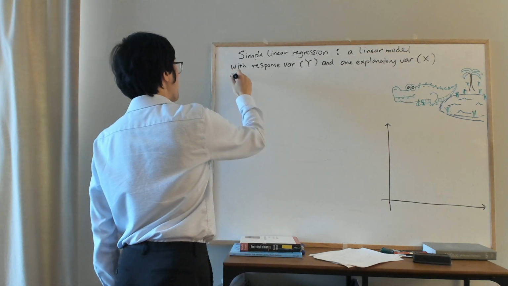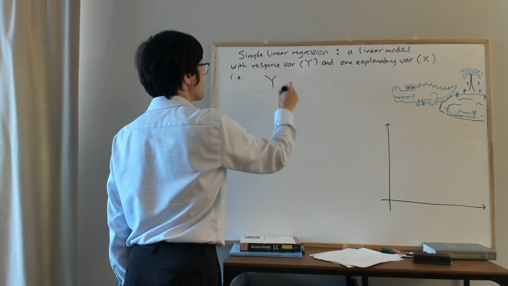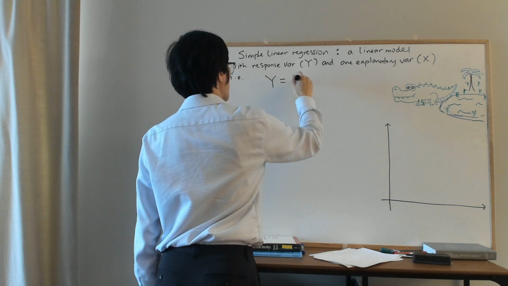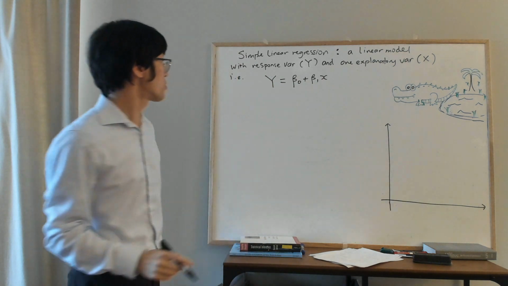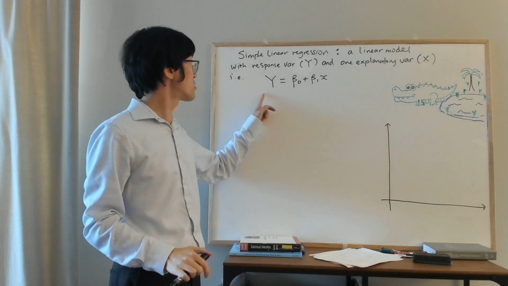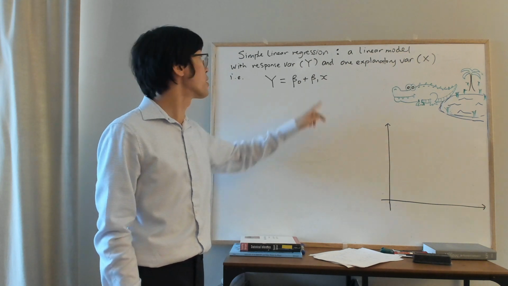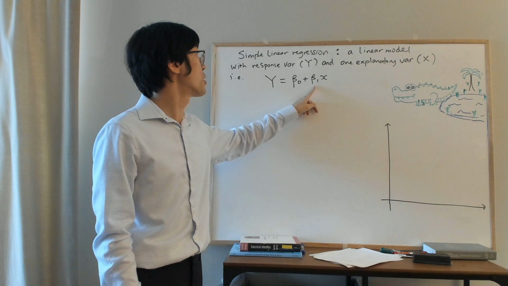And so what does the model state? We conceptualize the model so that the response y is modeled by this expression, beta 0 plus beta 1 x. This part looks familiar to us as the equation of a line with intercept beta 0 and slope beta 1.